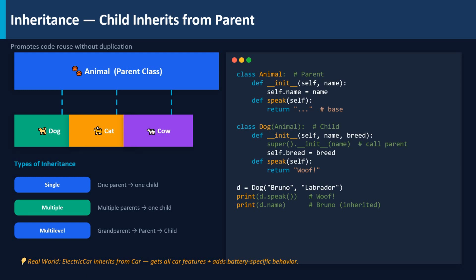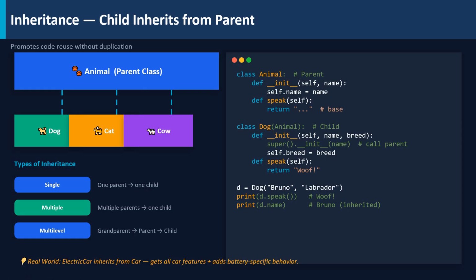To understand who is a parent and who is a child, you must look at the child class, because from the parent class you cannot know which one is parent and which is child. With dog itself, I can tell that dog is a child and animal is a parent. So whenever you see a name in parentheses, that class will become the parent class. Animal will become the parent class and dog will become the child class.